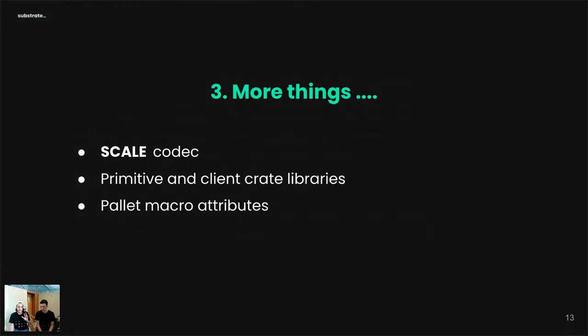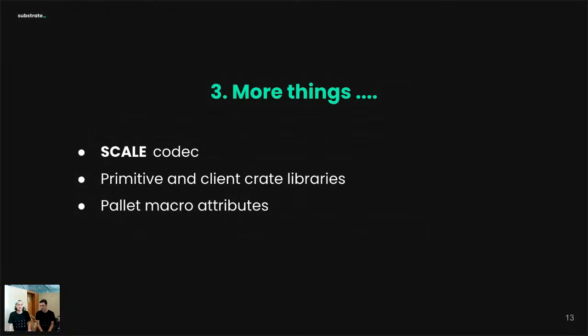I would say these items are also very important when you're building with Substrate. The first is the SCALE codec system. This is the interface for encoding information in a way that Substrate nodes understand, and also for decoding that information so that it can be understood by UIs and user-facing applications.